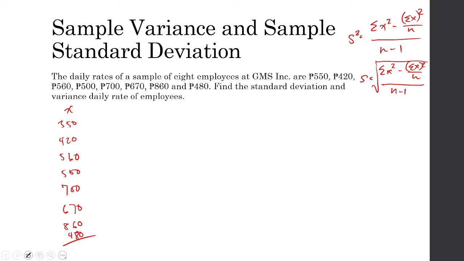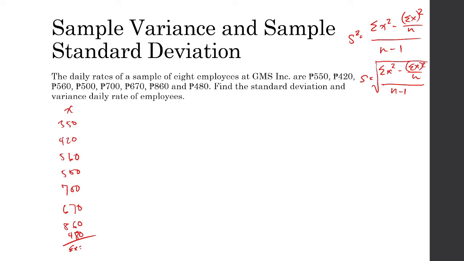So what we can do next is compute for the summation of x's, wherein you just need to add all of this. Hindi ko na maalala kung na-add na ba natin yan, so compute lang ulit natin.